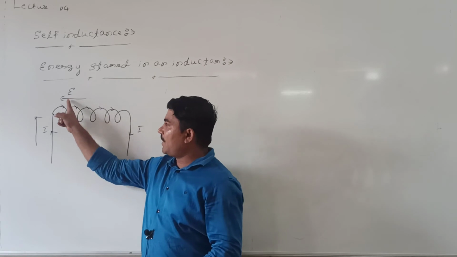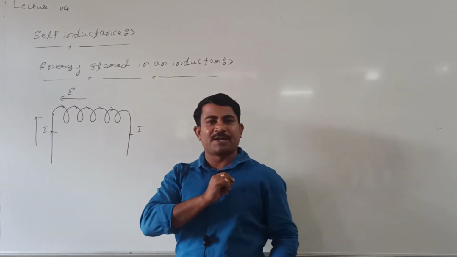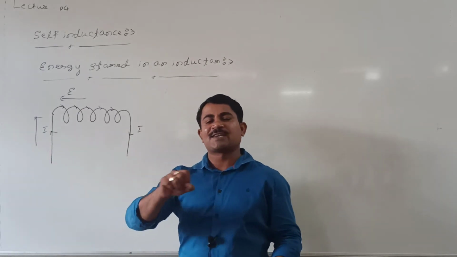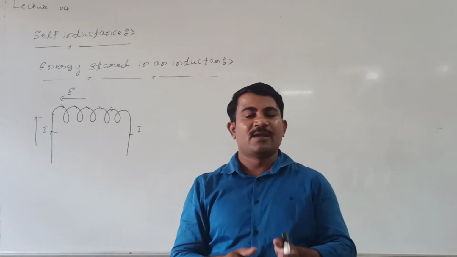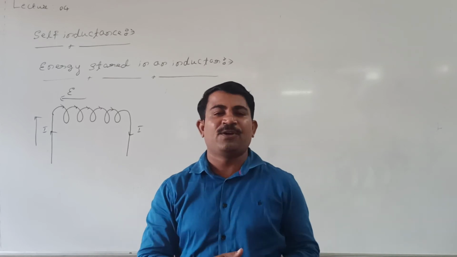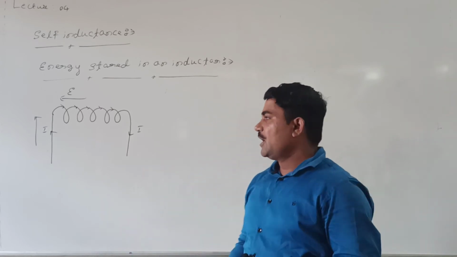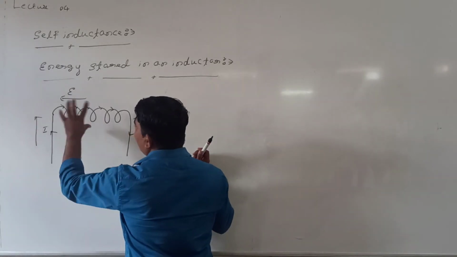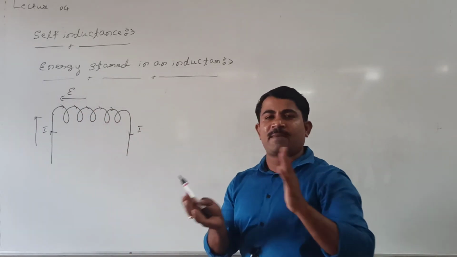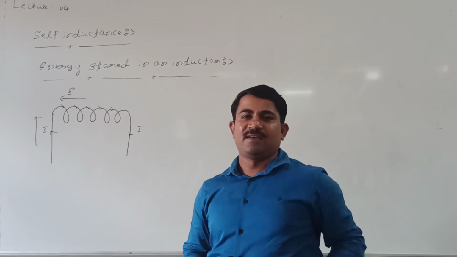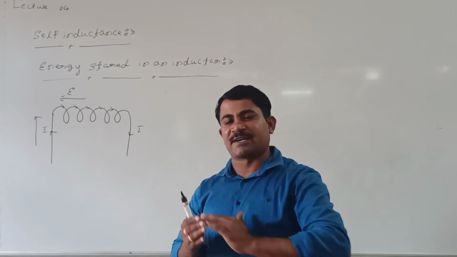The produced EMF opposes the cause that produces it, according to Lenz law. Whenever current changes in the coil, a variable magnetic field is produced, and it can be stored in the inductor in the form of magnetic field. That we call energy stored in an inductor.